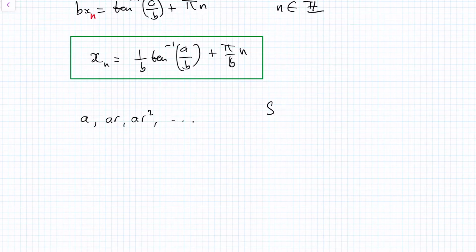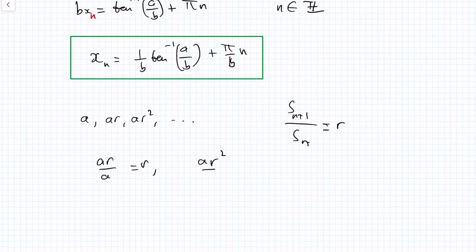If we take any consecutive terms, let's say S_(n+1) over S_n, that should give us r. Just like ar divided by a is r, or if you have ar squared divided by ar, you always get r, which is the common ratio.